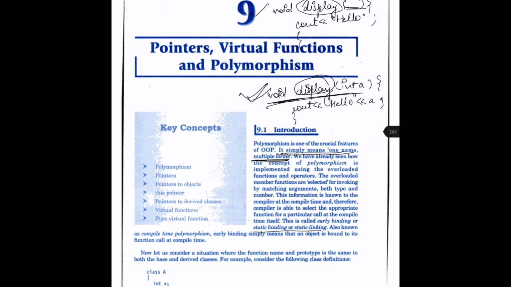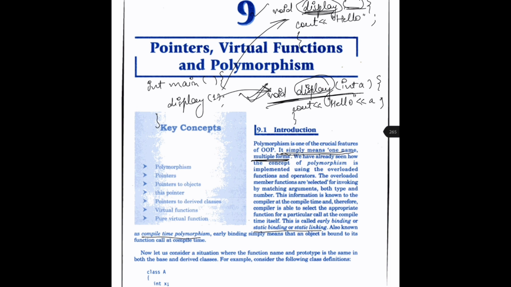So for example, if I am calling this function from my main code, int main, and I am calling the display function without any argument, the compiler knows at the compile time that I am going to call this particular function, and if I have some integer in the display function as an argument, then the compiler knows that I am going to call this particular function. So this kind of polymorphism is known as compile time polymorphism. Although it is polymorphism because the name of the function is same, still the compiler knows the difference at the compile time. So this is one thing.